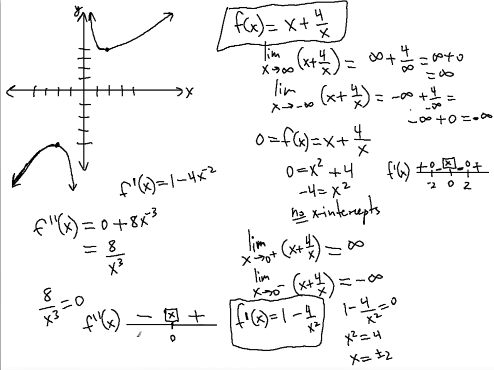And negative second derivative means concave down, and positive means concave up. And that's exactly what's confirmed on our drawing of the graph here, right? It's concave up for x values greater than 0, and for x values less than 0, it's concave down, and that's precisely what the figure looks like here.